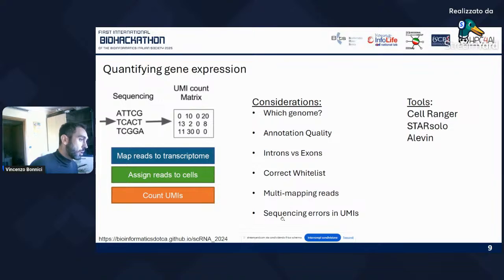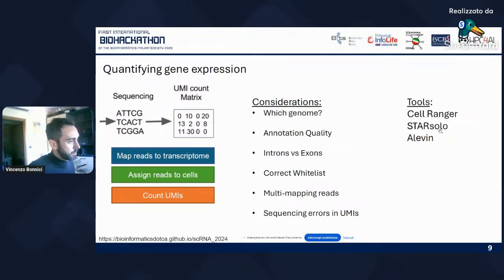And of course, you should always be aware that you may have sequencing errors, even in the UMIs that you are taking into account. So as regards mapping the reads to the transcriptome, you should do all this consideration. And for single cell data analysis, there are three main tools.